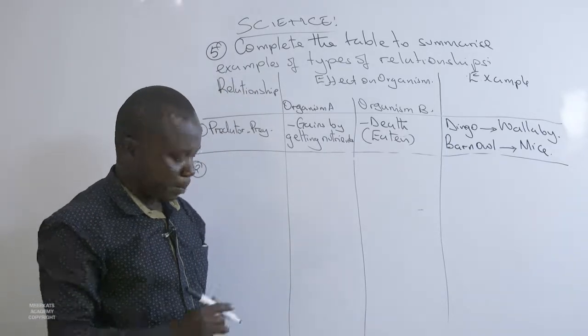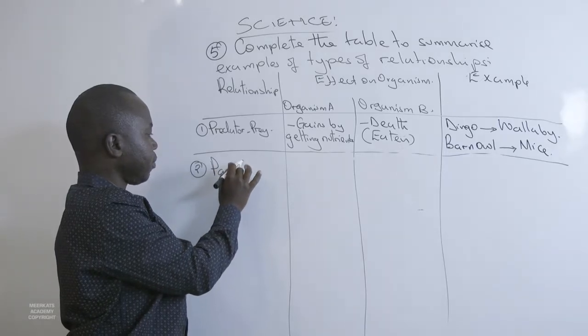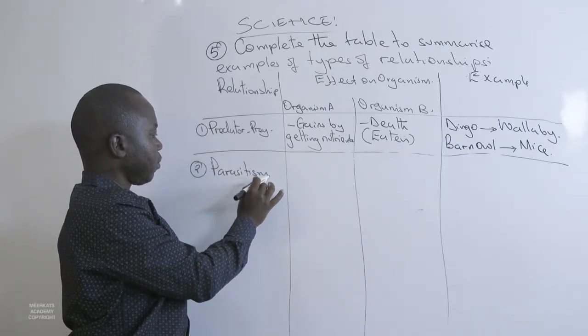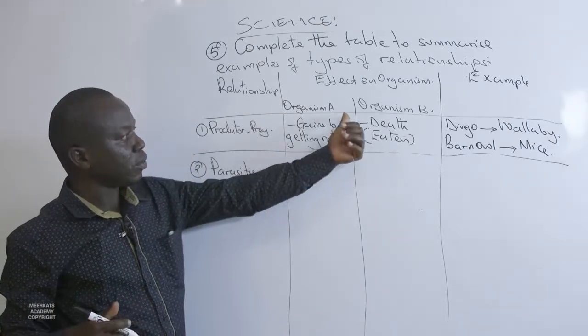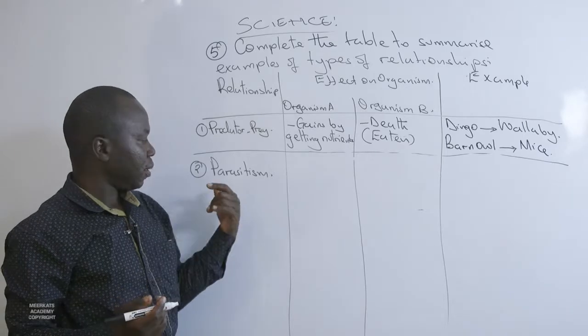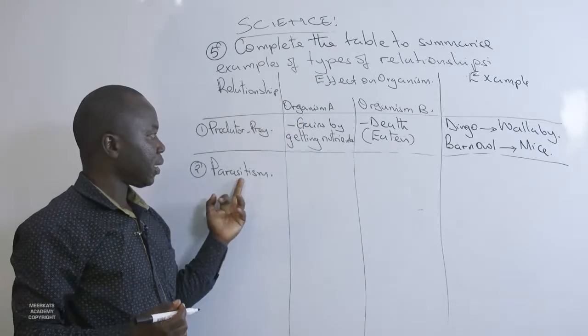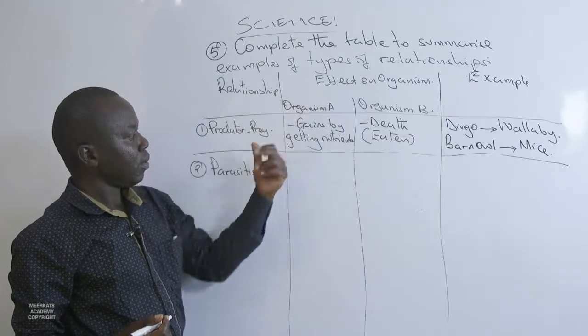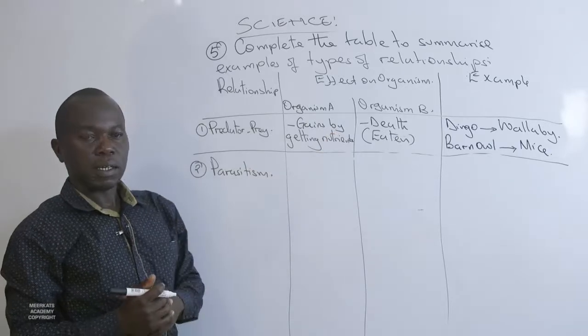We have parasites, parasitism. So we said parasitism, we are again going to have two organisms, one called the parasite and the other one called the host. So how does the parasite gain, or what is the effect of the parasite in this relationship?